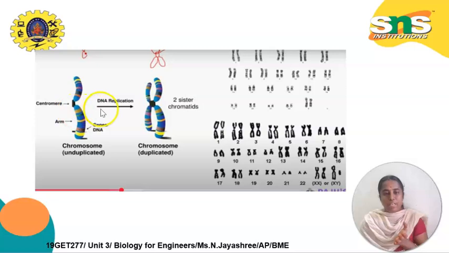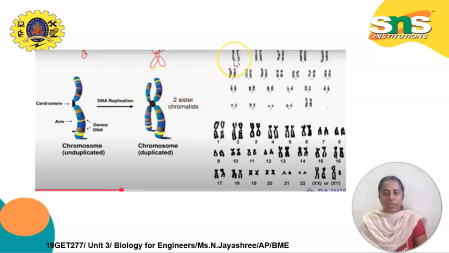If the DNA is duplicated, it is to develop the daughter cell. It needs to give some chromatids to the daughter cells, so the cell duplicates. That is what the two sister chromatids are, the top two and bottom two.